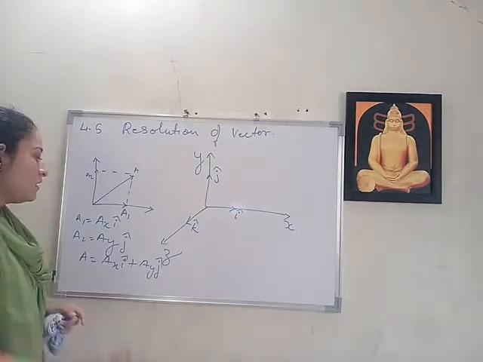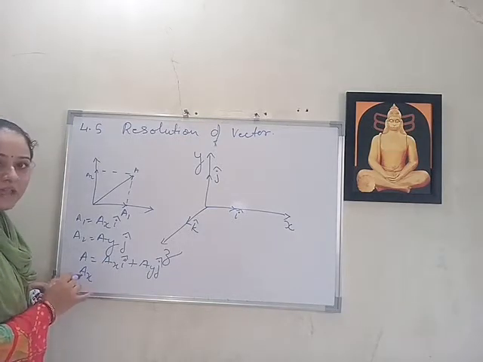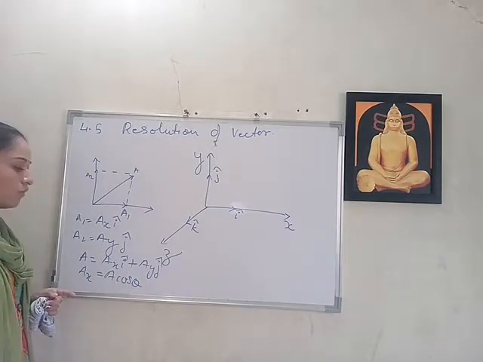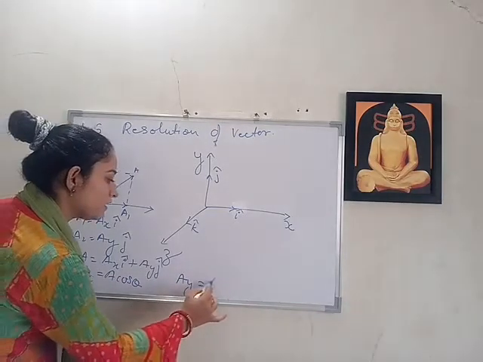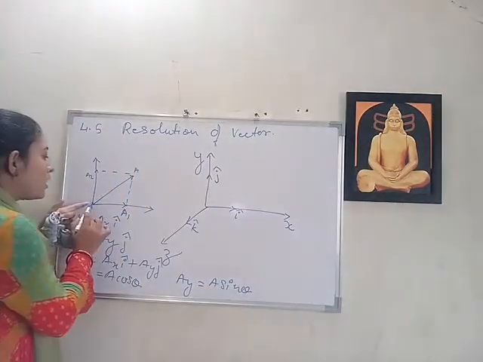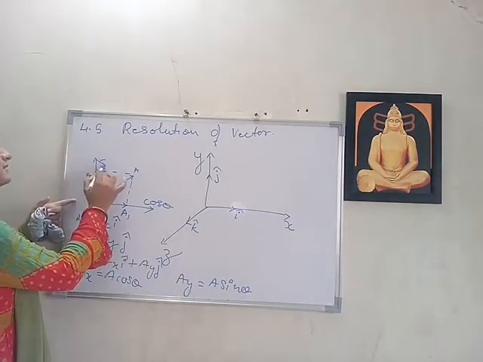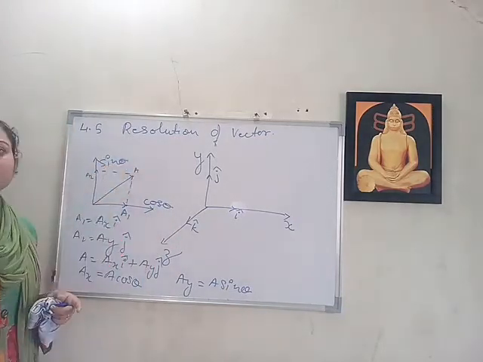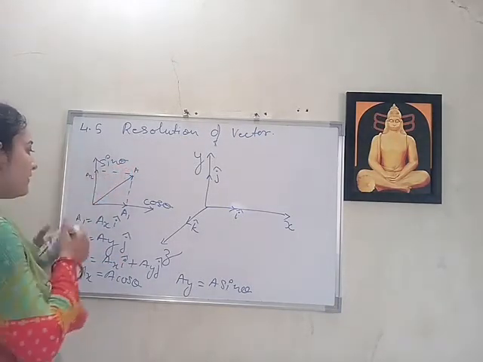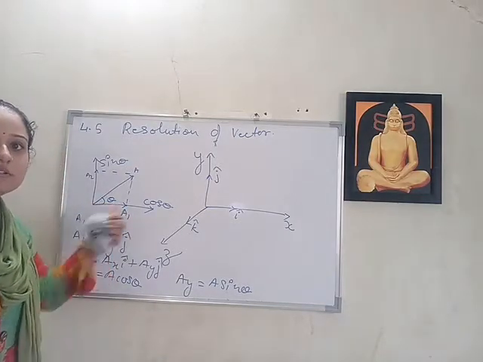Clear? Now, you can also write what Ax is. Ax is equal to A cos theta. What is Ay? Ay equals A sin theta. So, along the x-axis we take cos theta, along the y-axis we take sin theta. So, this is the A component. If it makes angle theta with the x-axis, theta shows its direction.